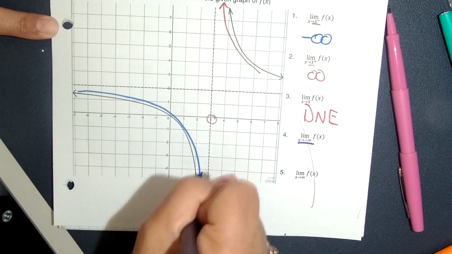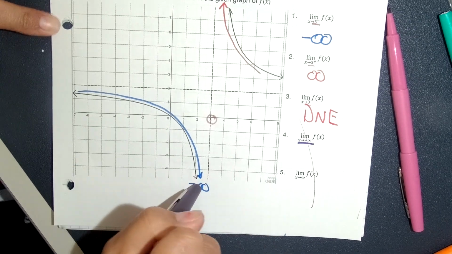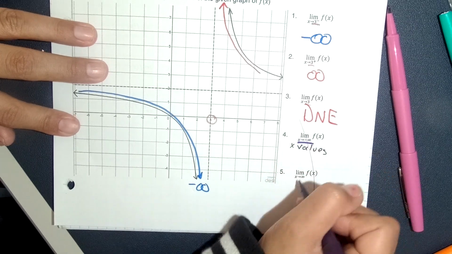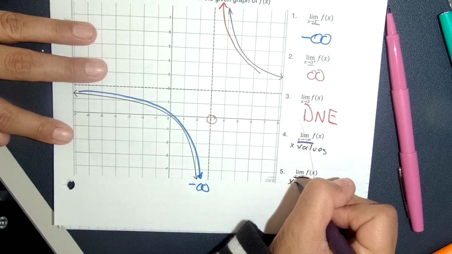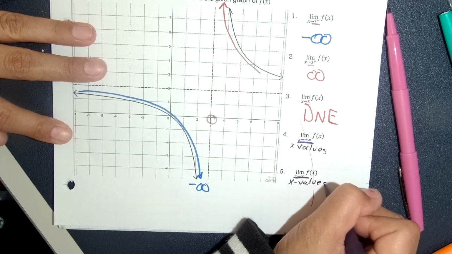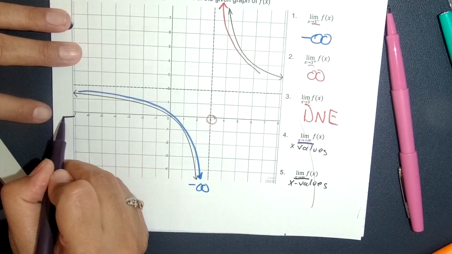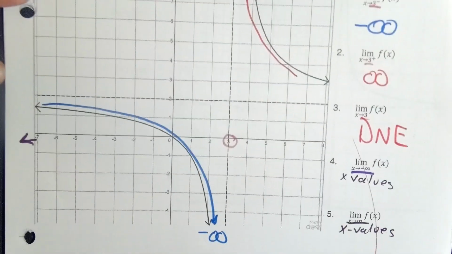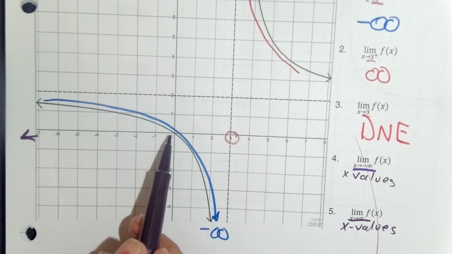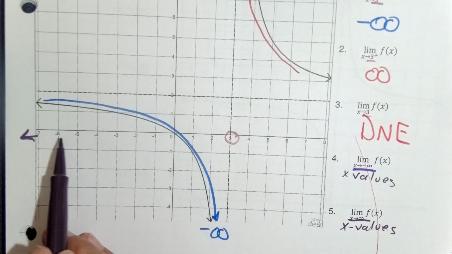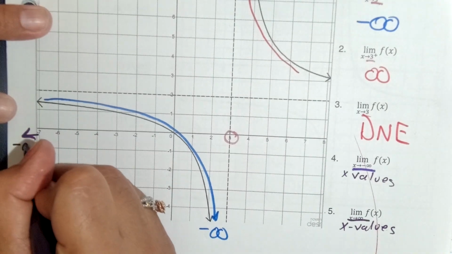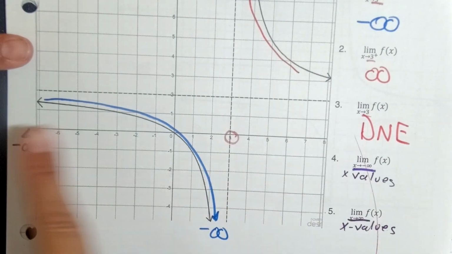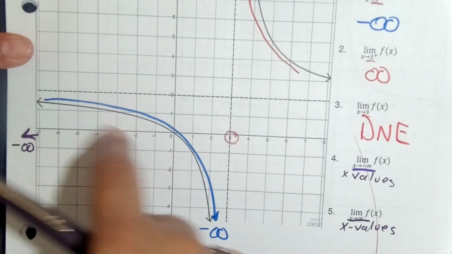No, what you're looking at are your x values. If we looked at our x-axis, we have -1, -2, and so on, going to negative infinity. So we're looking at the left side of the graph and where this part of the graph approaches.